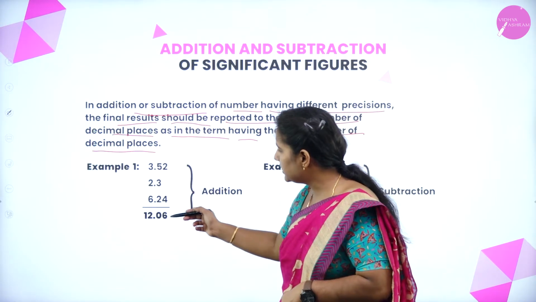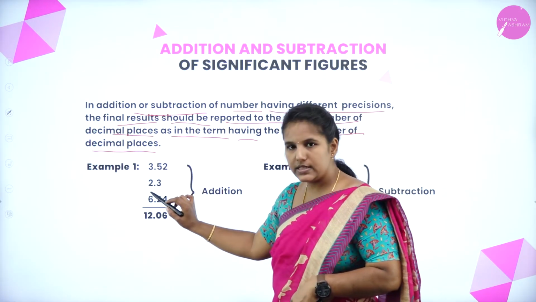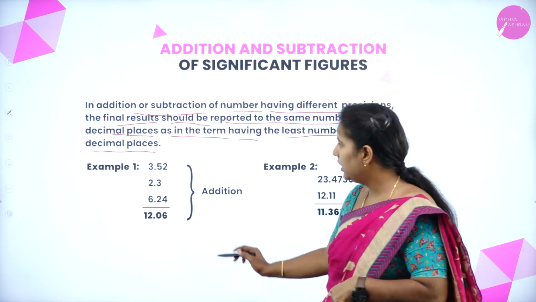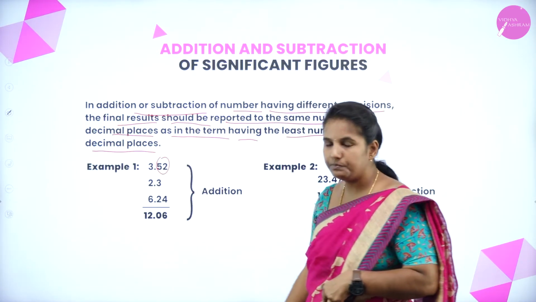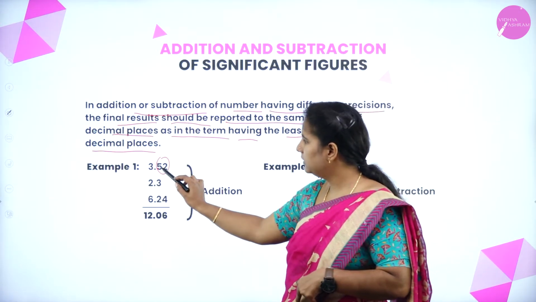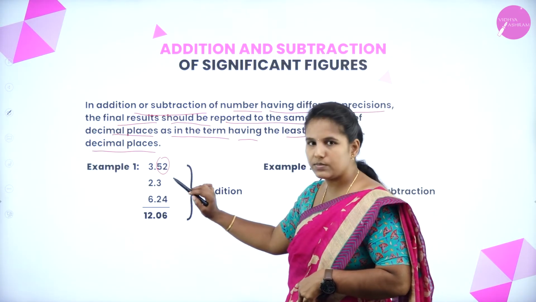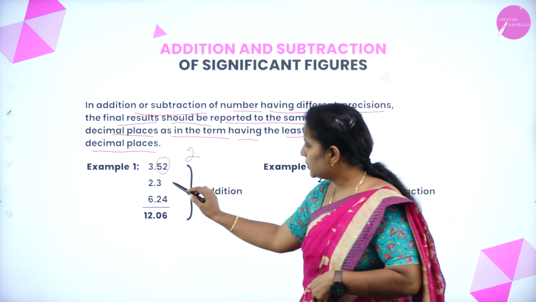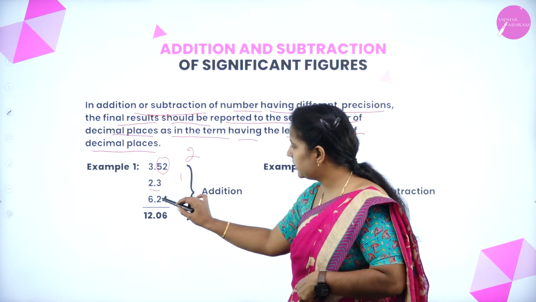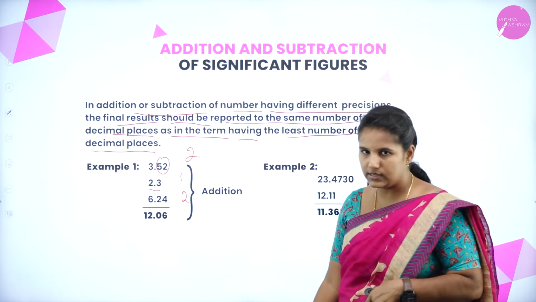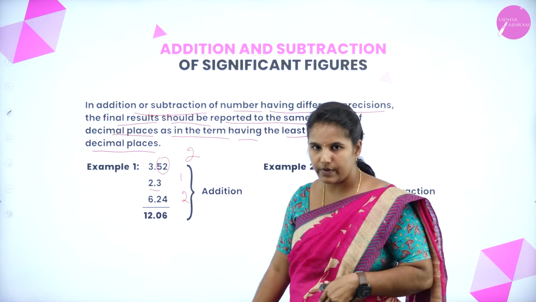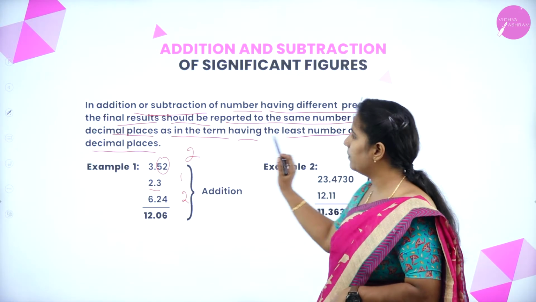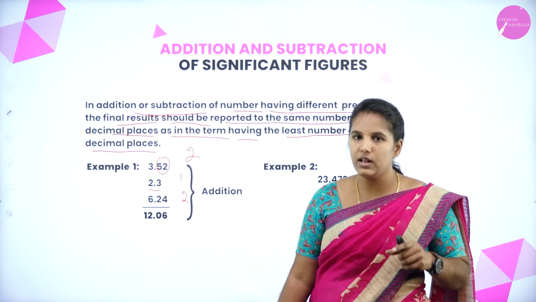Here I have taken the example of 3.52, 2.3 and 6.24. Here 3.52 has 3 significant figures, so after the decimal there are only 2 digits with uncertainty. That is the error. Here there is 1 uncertainty, here there are 2. After adding those values, we have to report the result to the least number of decimal places.